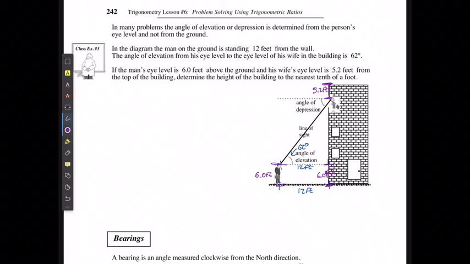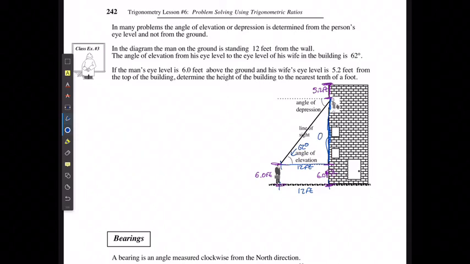Well, the first thing that we're going to do is solve for what the height is between their eye levels, using this adjacent height of 12 feet and this angle of elevation of 62 degrees. So I'm solving for my opposite.